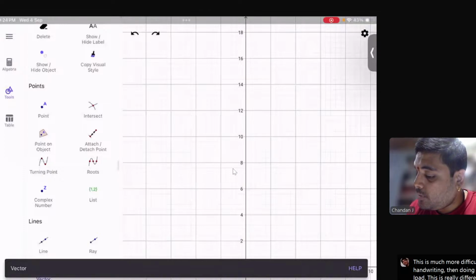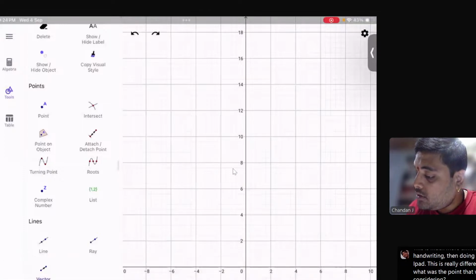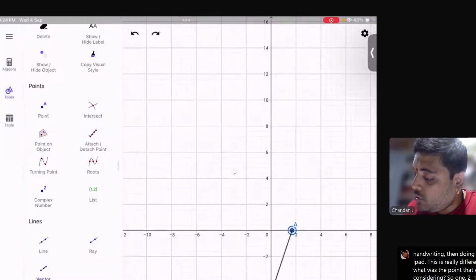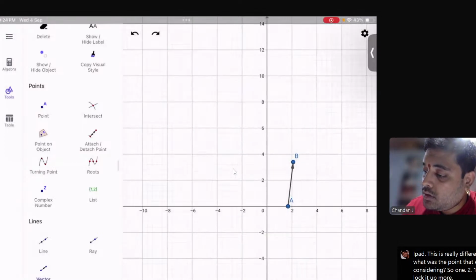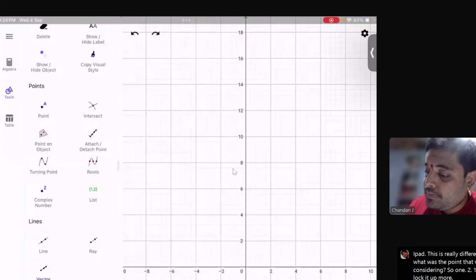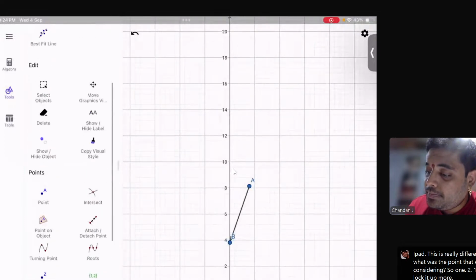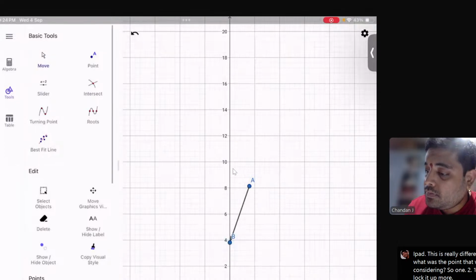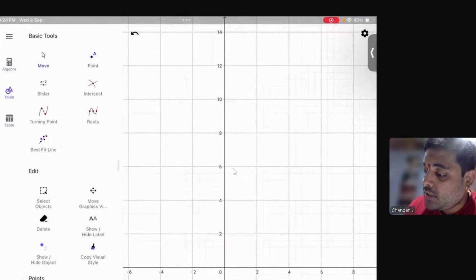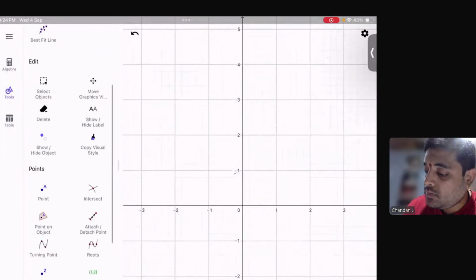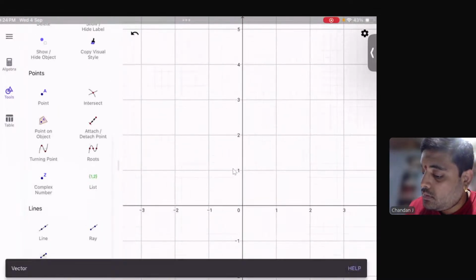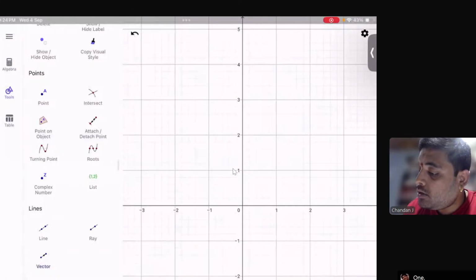So what was the point that we are considering? So (1, 2). Where is (1, 2)? Okay, I need to zoom in more. (1, 2).